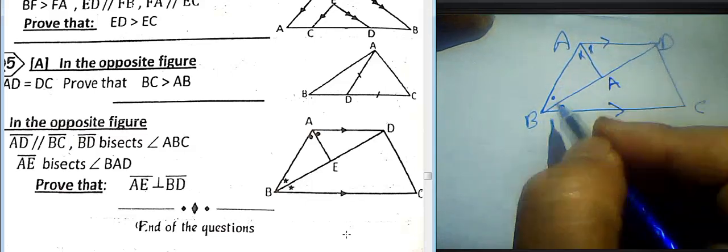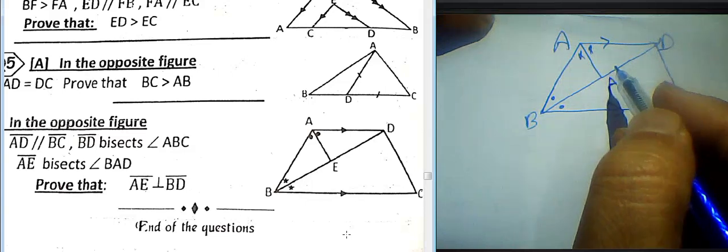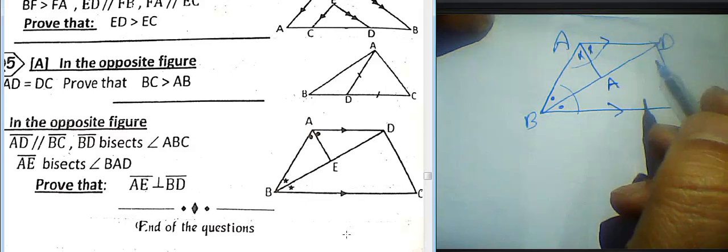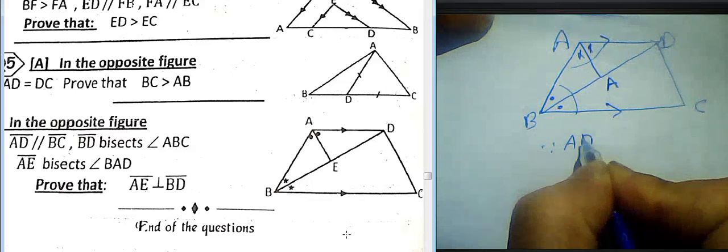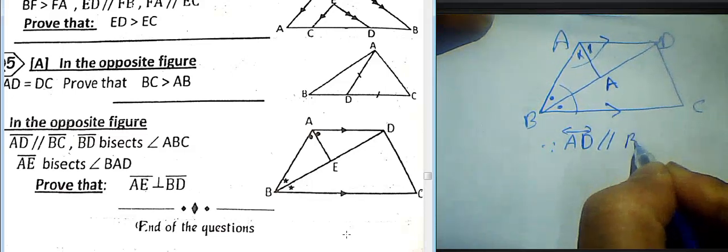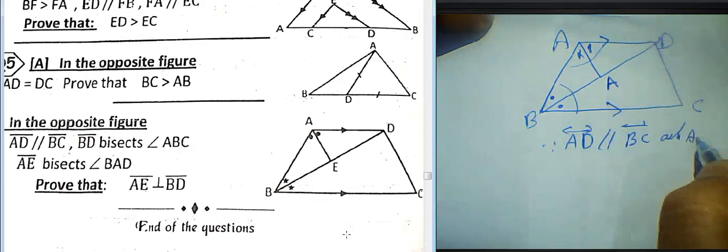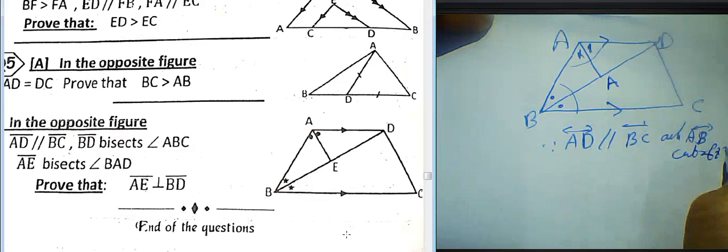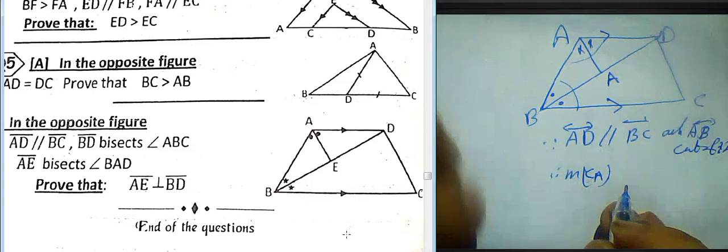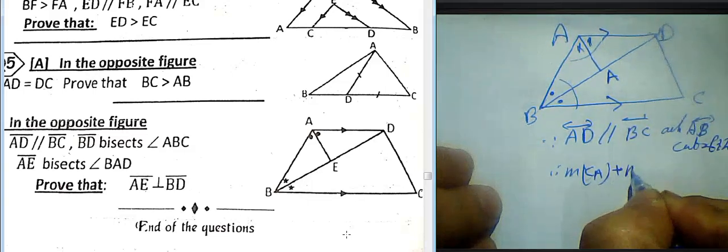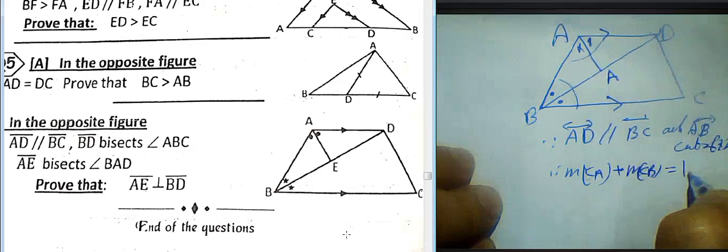So in this example, because of the parallel, we can prove that the sum of the two angles A and B equals 180, such that AD is parallel to BC. AB cuts them, a transversal. Then measure of angle A plus measure of angle B equals 180.